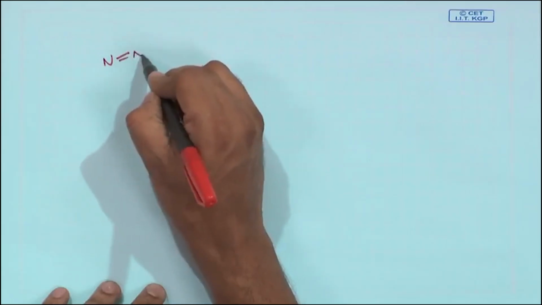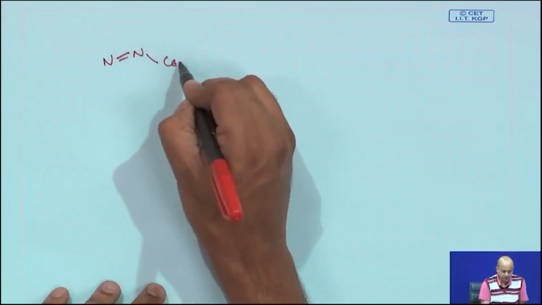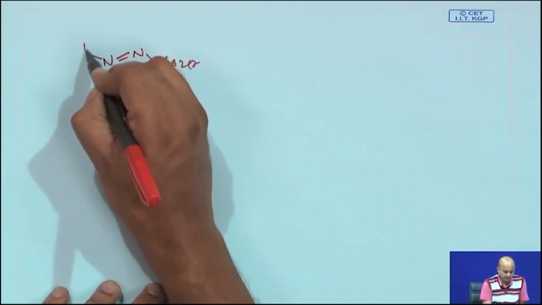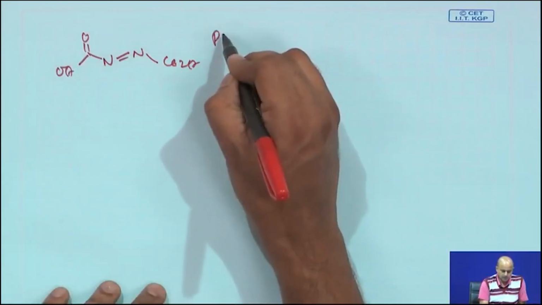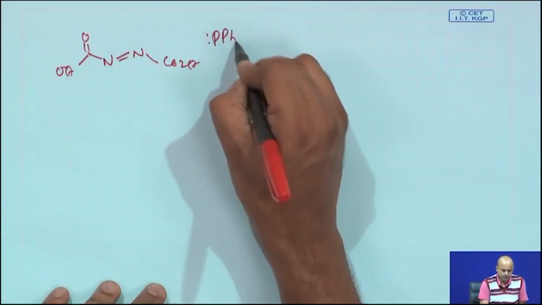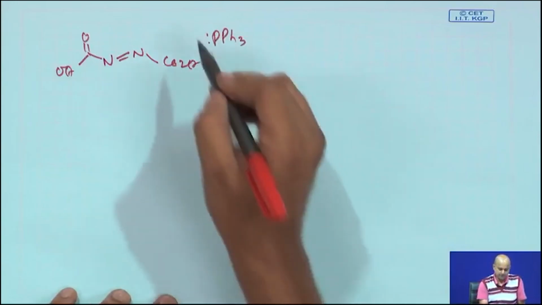Now, initially this diethyl azodicarboxylate and this triphenyl phosphine basically react.